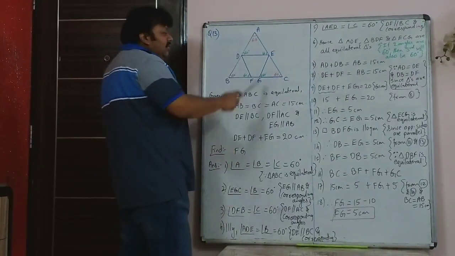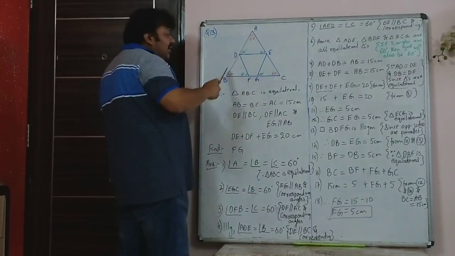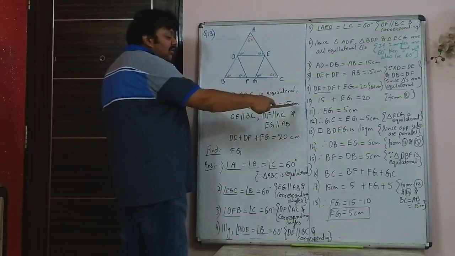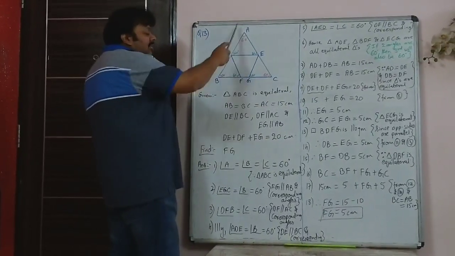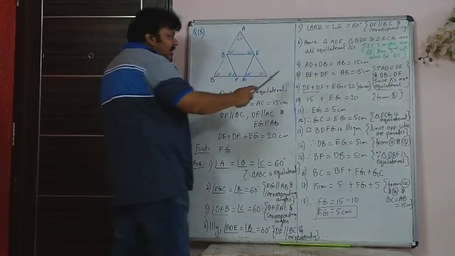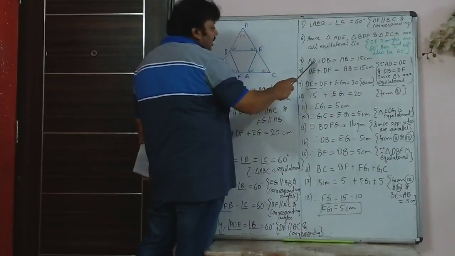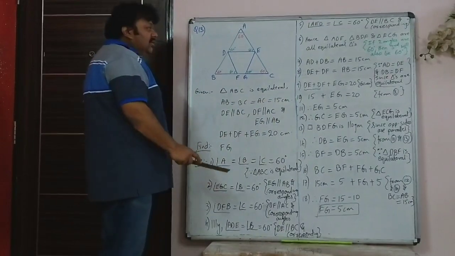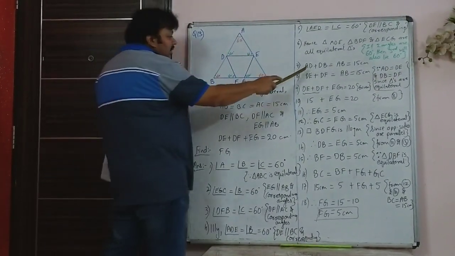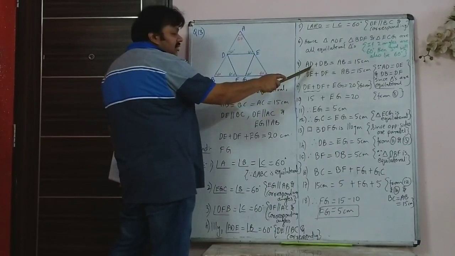So now in this, you have been given that all the three sides are 15 centimeter each. So what is AB? AB is actually AD plus BD, that is 15. So now instead of AD, you are writing DE. Why? Because AD and DE are exactly the same.